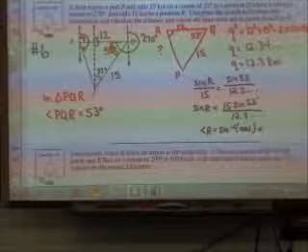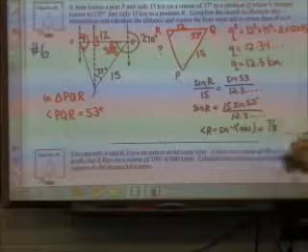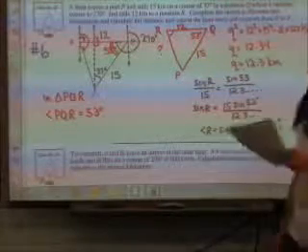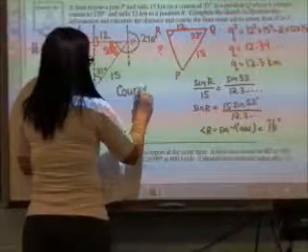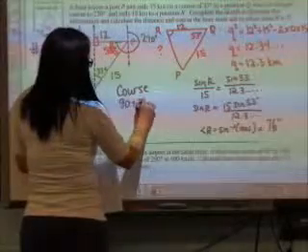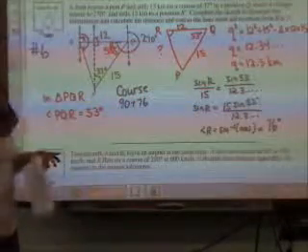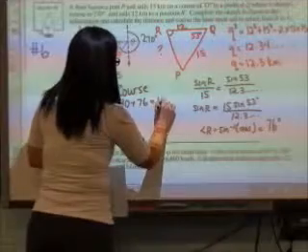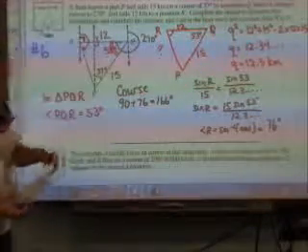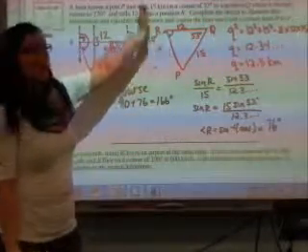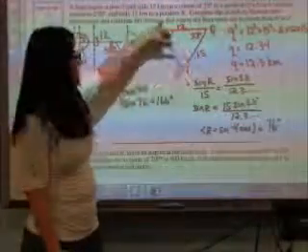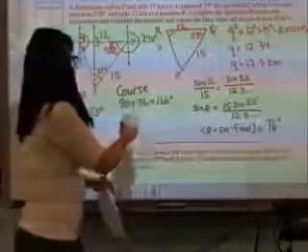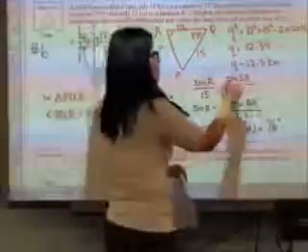So what did you get? 76 degrees. So then the course would be the 90 plus the 76, which would be 166 degrees. So when I get to point R, I would then have to change my bearing to go on a course of 166 degrees to bring me back to P, and I would have to travel 12.3 kilometers to get there.